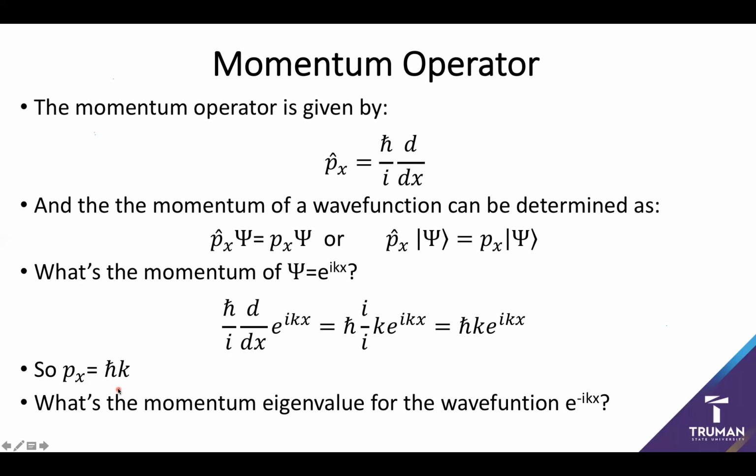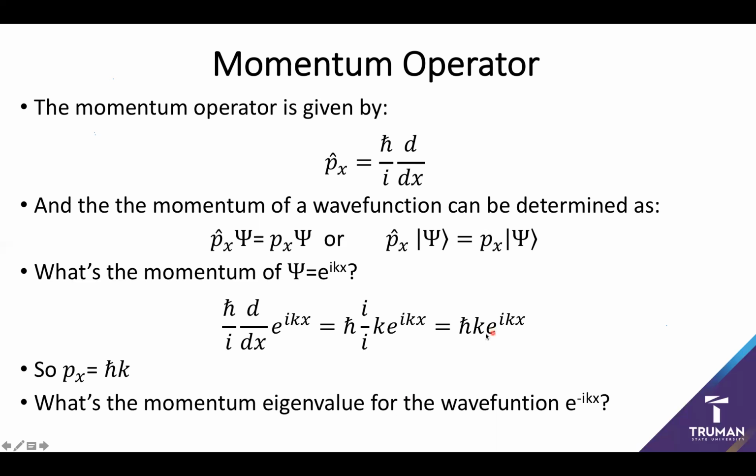However, we're left with an interesting question. I can also have e to the negative ikx. Now, what's going to be the momentum eigenvalue for e to the negative ikx? This one we can actually do almost by inspection because I generate a negative value here, which when I take the first derivative comes out front. So I'd end up with negative h bar k.